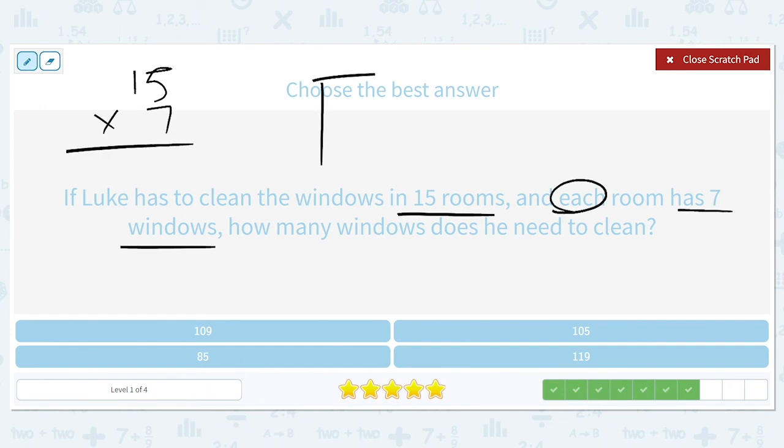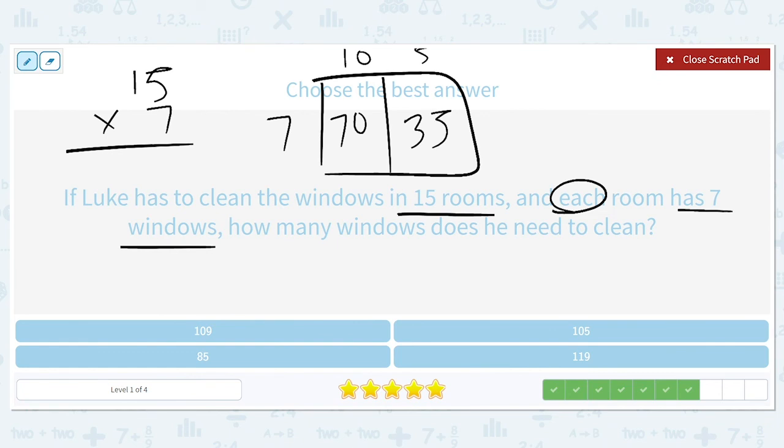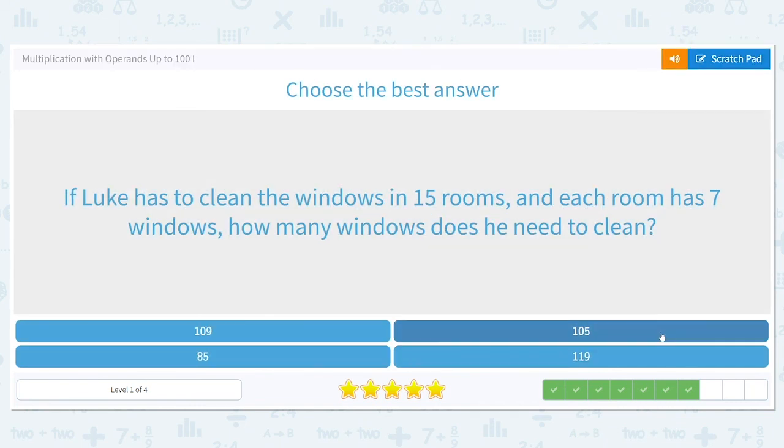We'll break up the 15 into 10 and 5 and multiply each of those by 7. 7 times 10 is 70, and 7 times 5 is 35. And then we'll add those together. 70 plus 35 equals 105. So Luke has to clean 105 windows.